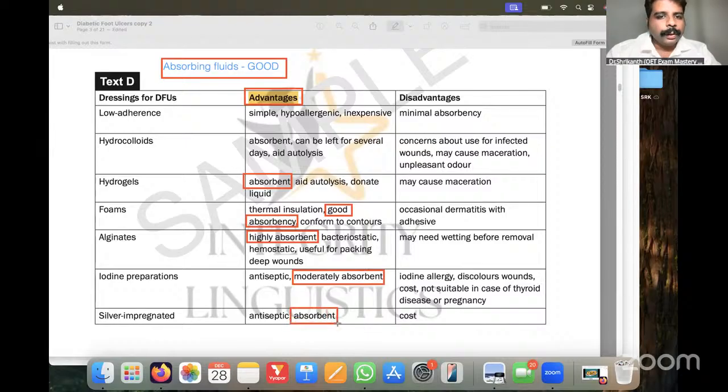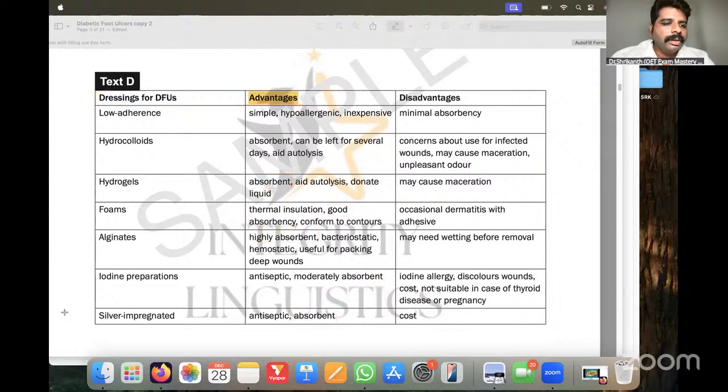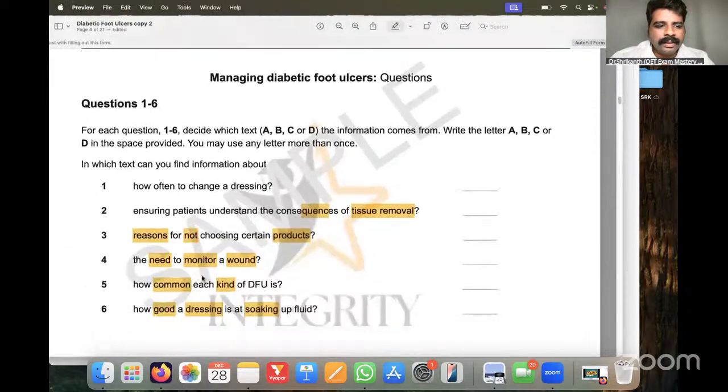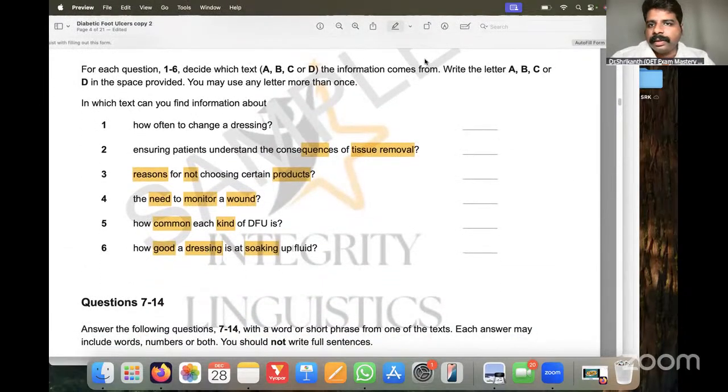Now see, in which text are they talking about the absorbing qualities of a particular dressing over here? They're talking about that in text D, right? So the answer to the sixth question, that is, how good a dressing is at soaking up fluid, is going to be in text D over here, right?